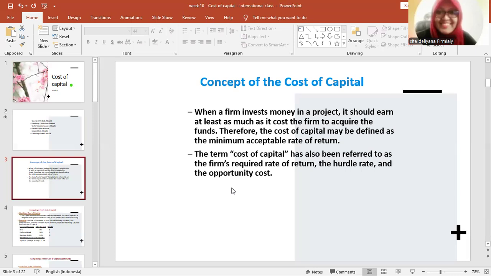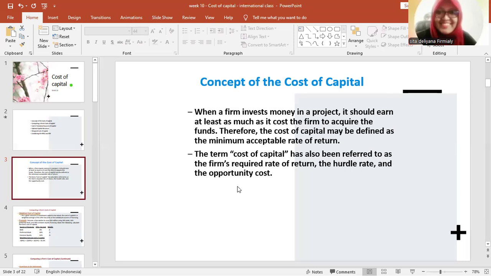Why? Because a high cost of capital represents the company's inability to operate efficiently. Therefore, a high cost of capital represents a slightly higher level of risk, compared to a lower one.